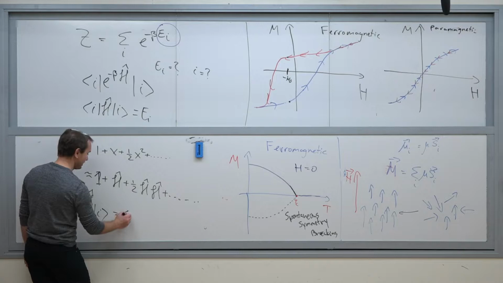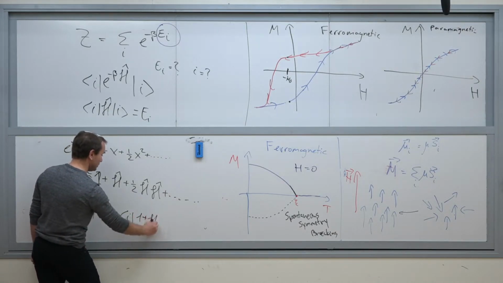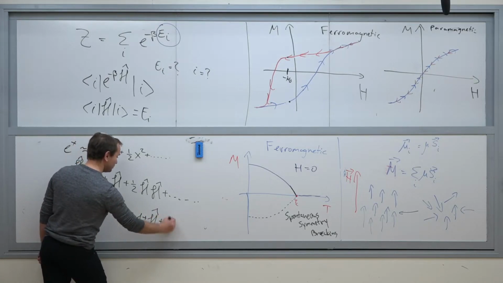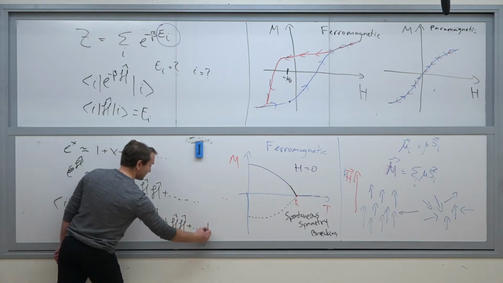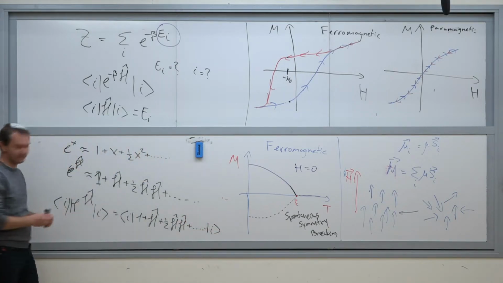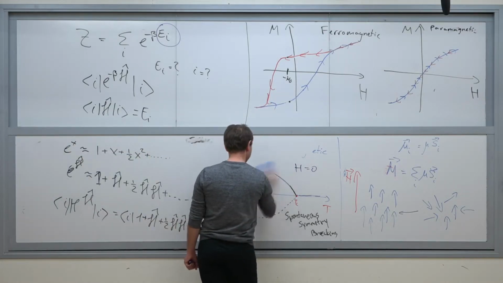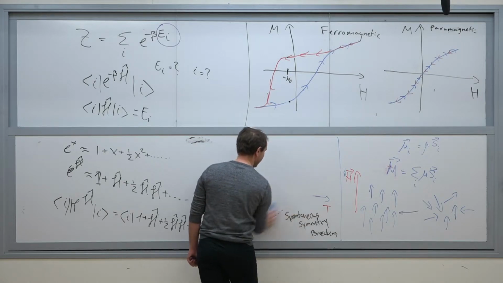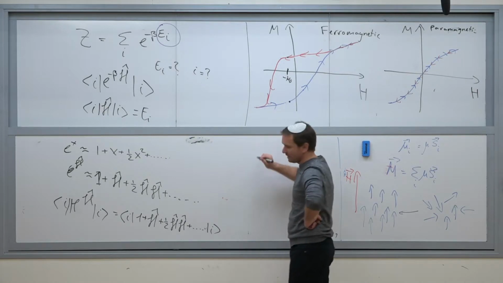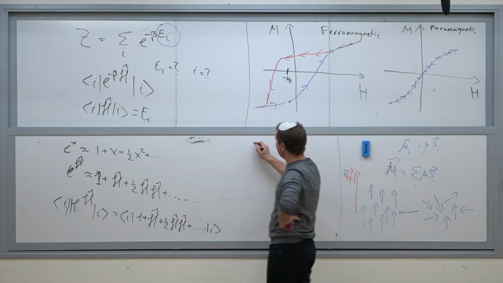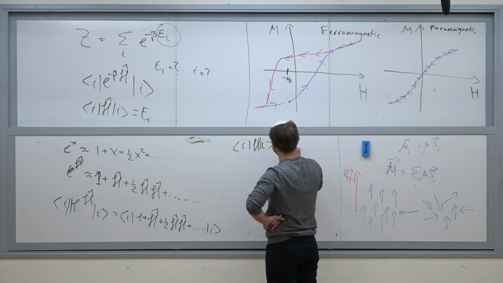I'm applying the same bra i to the expansion, 1 plus Hamiltonian plus 1/2 Hamiltonian times Hamiltonian, etc. If I have a Hamiltonian acting on ket i, it gives me E_i.